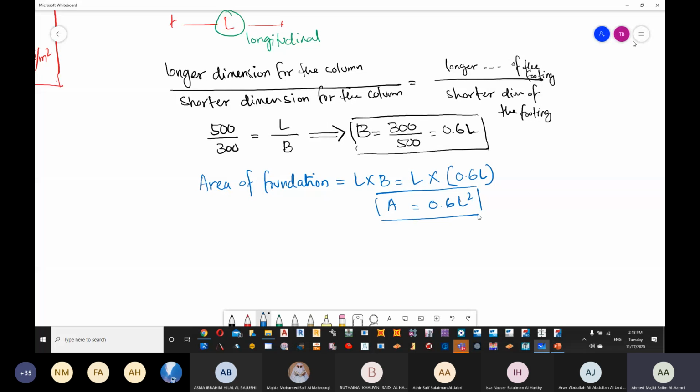So the area of the foundation for me now is equal to 0.6 L squared.